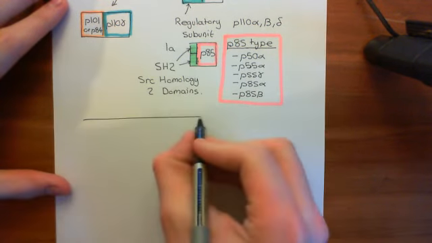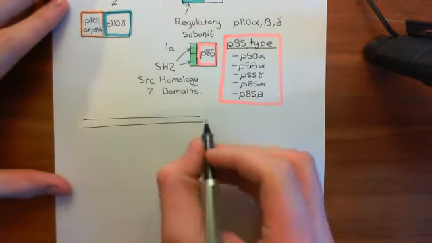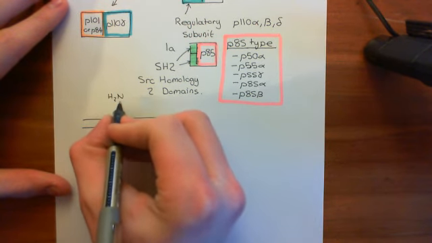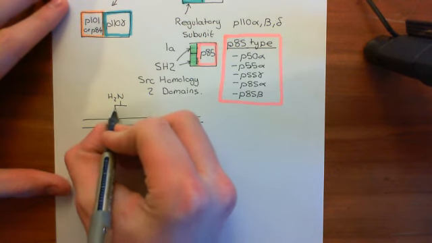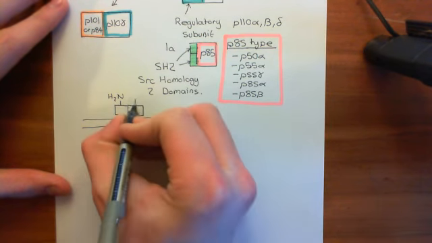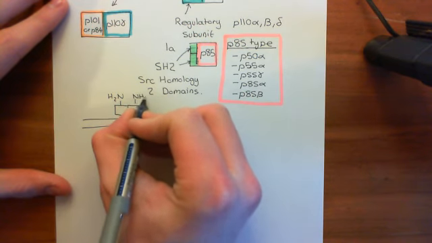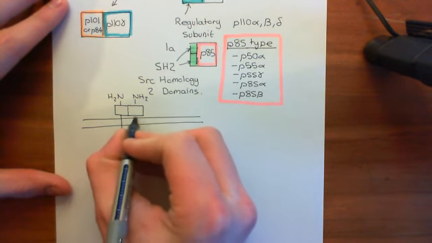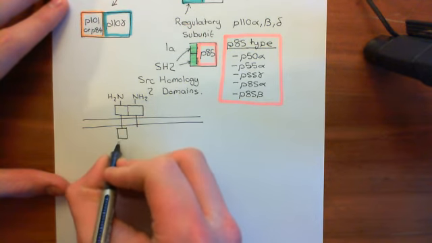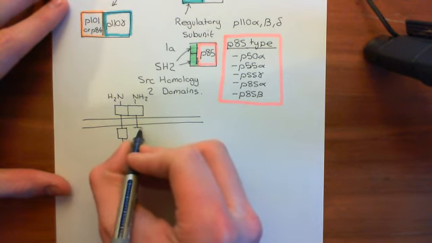Okay, so let's draw our receptor tyrosine kinase out once again. Okay, so here's our amino group. Here's our ligand binding domain, which will be dimerized with the ligand binding domain of another receptor tyrosine kinase, like so. They'll then both have their membrane spanning alpha helices, their kinase domains intracellularly, like so.